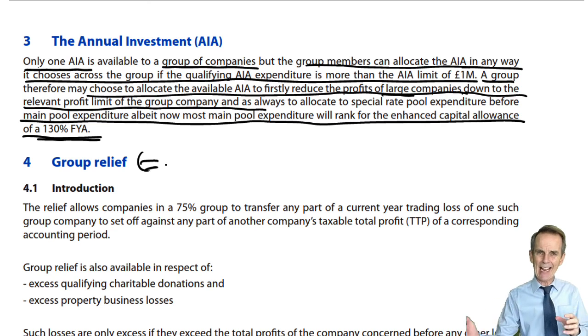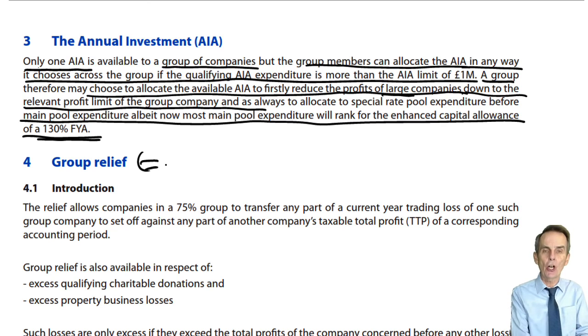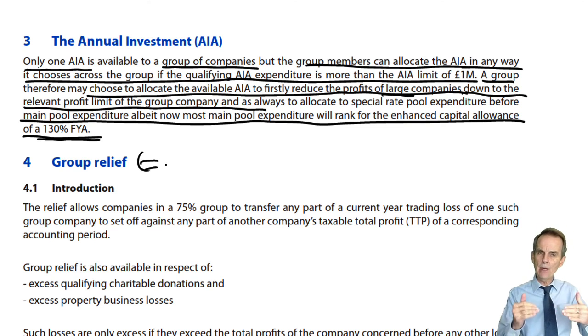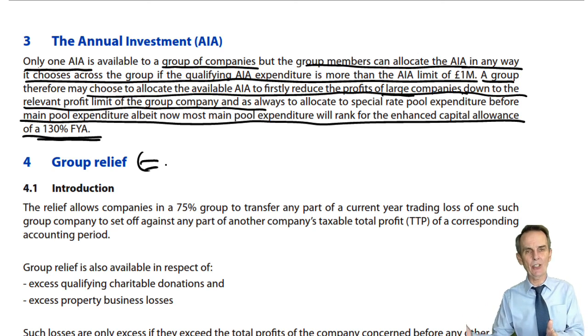If we can take out companies through the application of AIA, getting the extra deduction of capital allowances, if we can bring them down out of the large company status, then that means that even if we were large in the previous period, if we're not going to be large this period, then no quarterly instalment payments will be required. Or even if we were not large in the previous period, if we avoid being large in this period, that means there won't be any question of quarterly instalment payments being payable in the next accounting period.